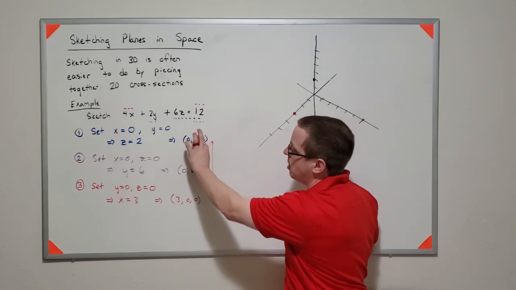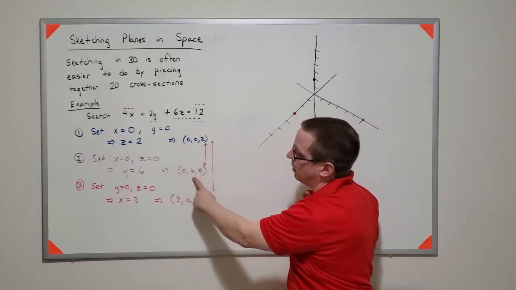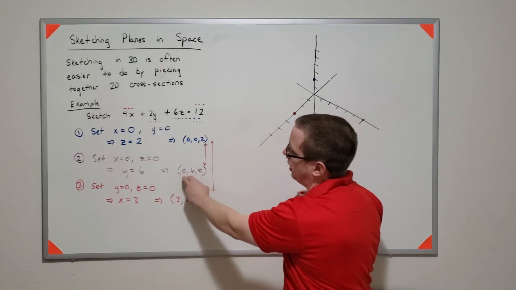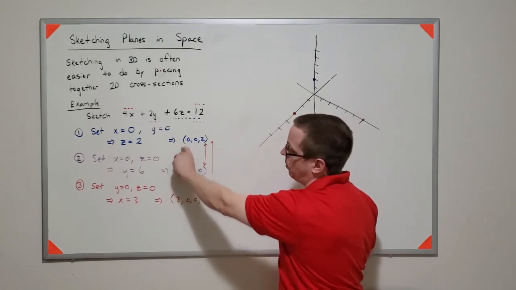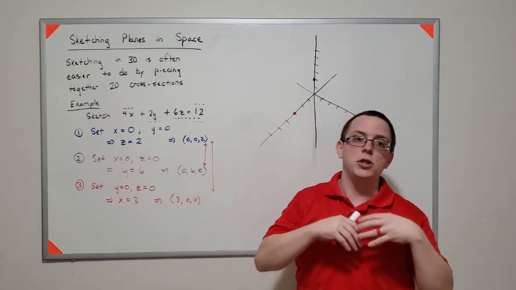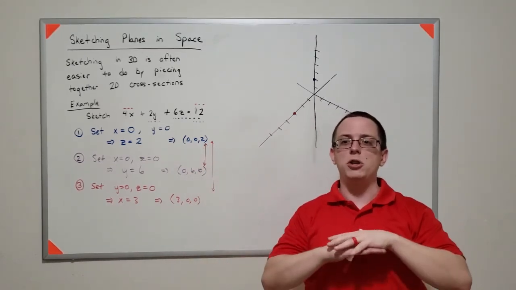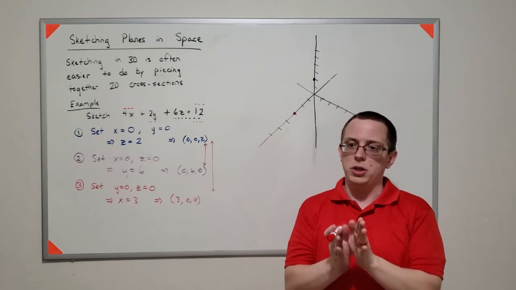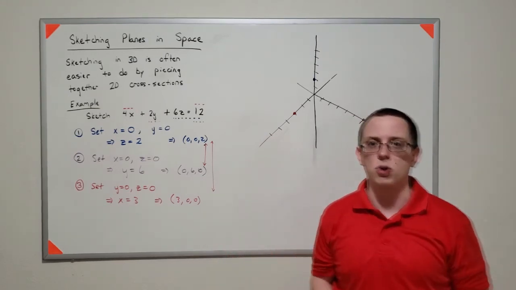Something from here to here is going to have something that's not 0 in the second element, and it will have to be 0 in this element, and then the one from here to here will have to be 0 in that element. So you know they're not parallel, which means you're always going to have enough uniqueness to actually draw the plane.